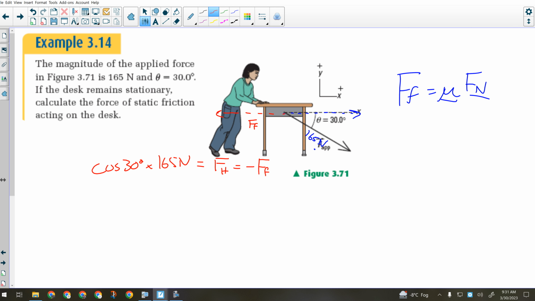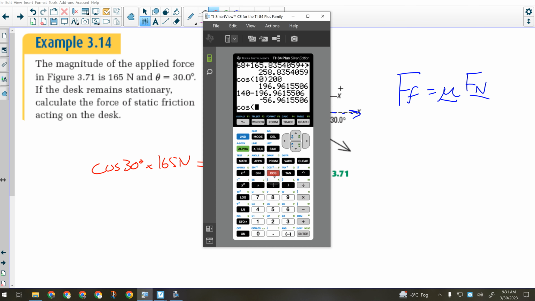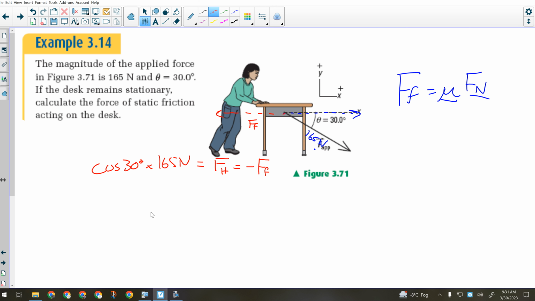Okay, so the force of friction here is 143 newtons backwards.